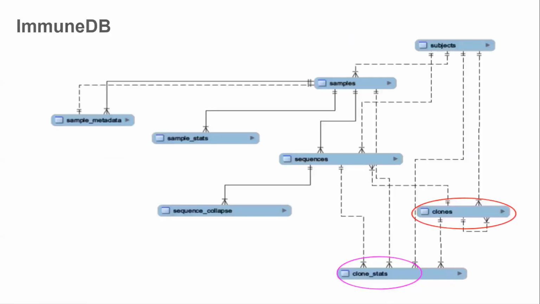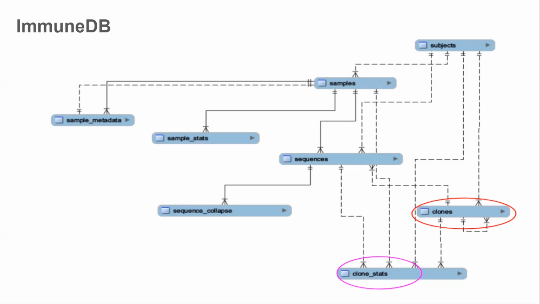So all of that is practically translated in our immuneDB pipeline. immuneDB is a database-backed system that analyzes and stores large amounts of high-throughput sequencing data from B and T cells. The database is built in a way that it has tables that store the data from the levels that I mentioned before.